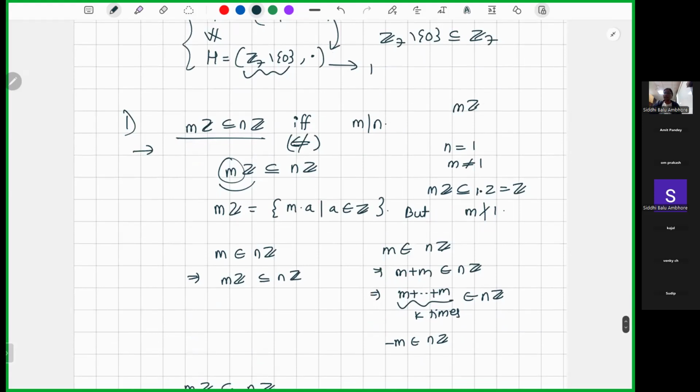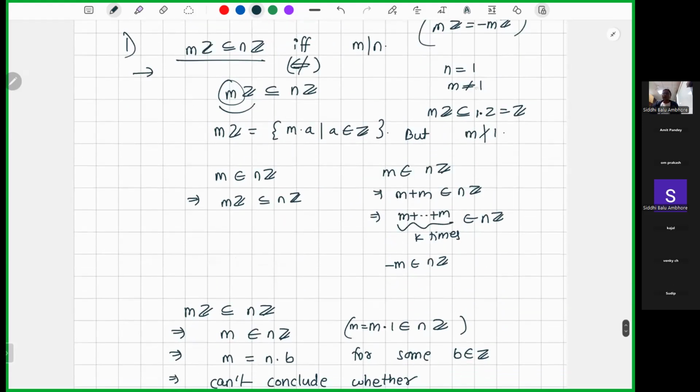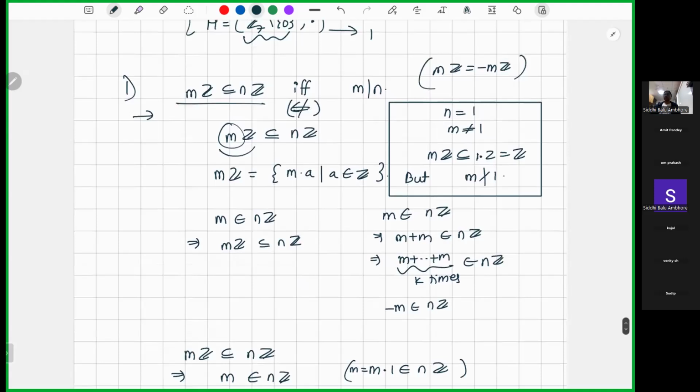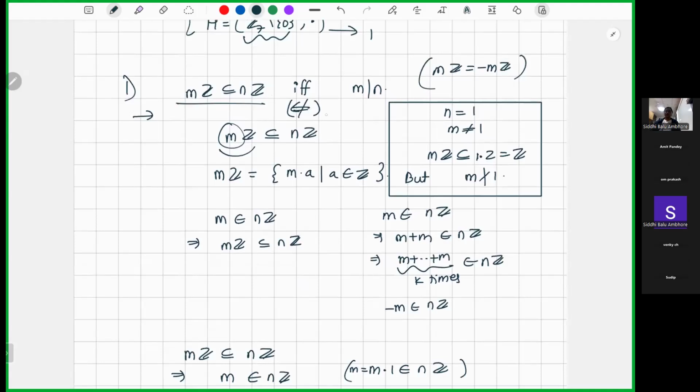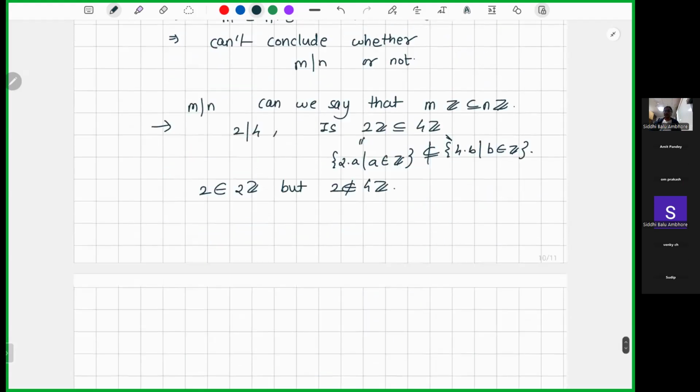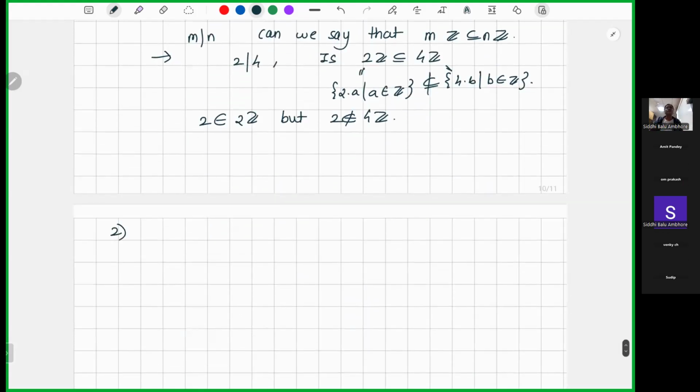Anyway, MZ and minus MZ are equal. You can check this. So this is also one way to understand that this condition is not true. Even this condition fails.